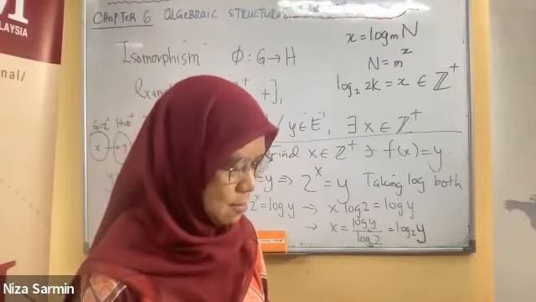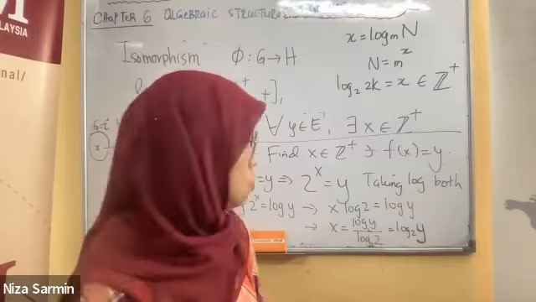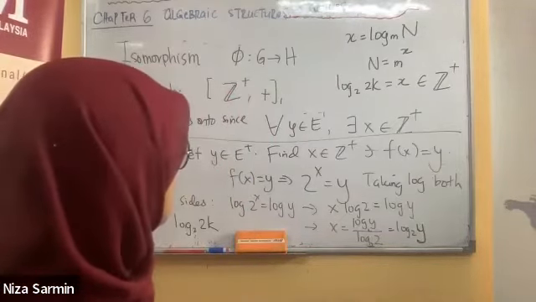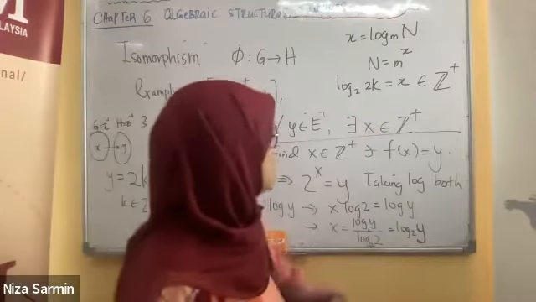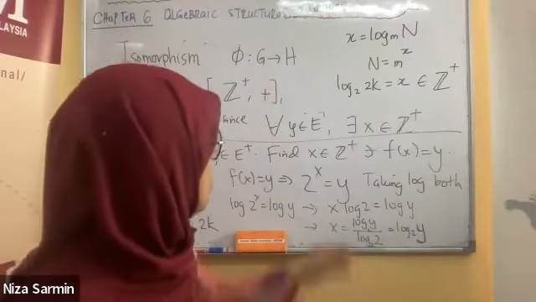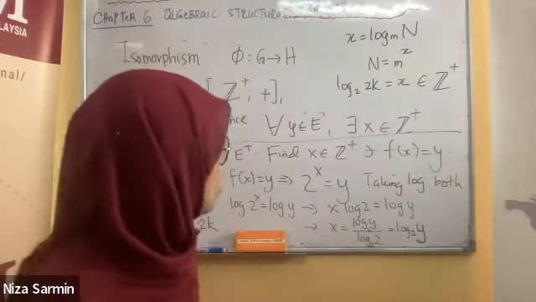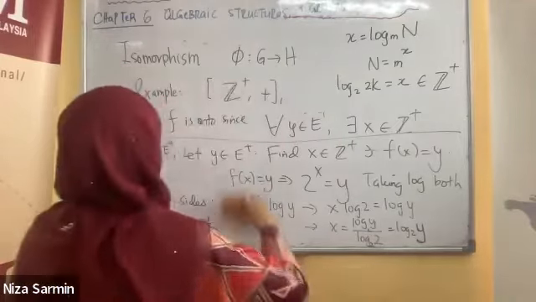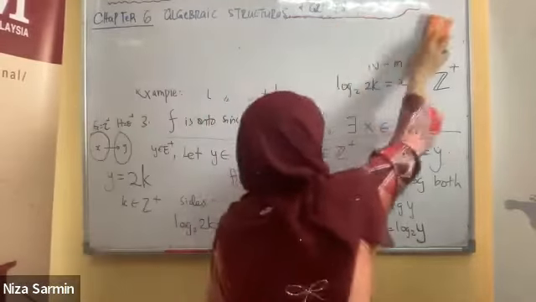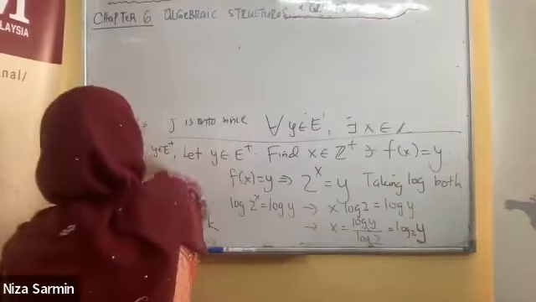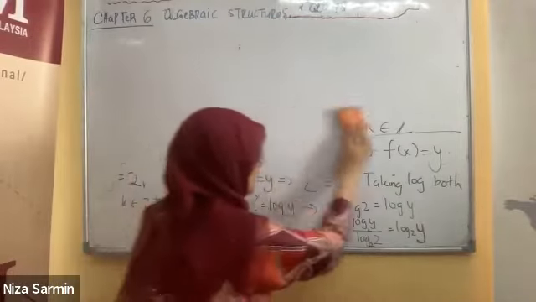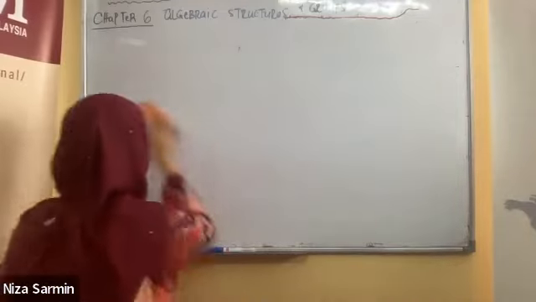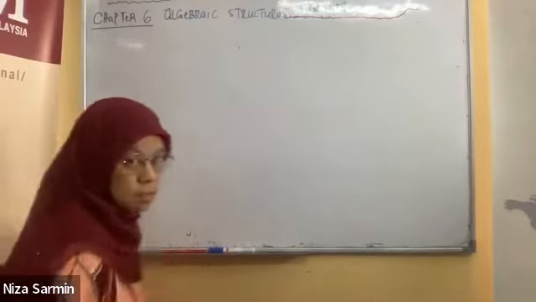Think a bit about this one, because I have to go to the last part. Even if you plug in some numbers, you see, because this is log 2 to the even number. So for all kinds of showing it's onto, you can follow the same method.